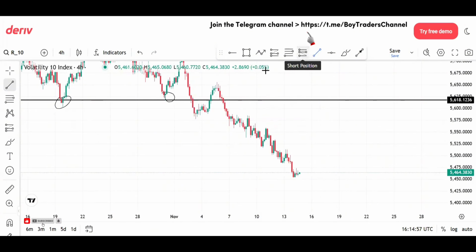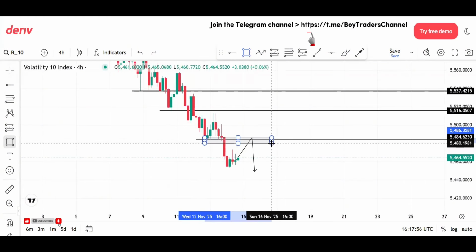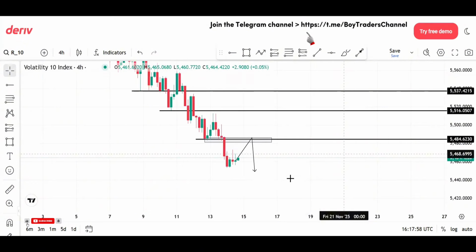So the thing right now is we still have to proceed to the 1-hour time frame and other time frames to see if there is an entry formation on this expected sell zone, because that's where I expect price to retrace to before the continuation based on the past histories we've got on that level. The level of support that has been broken now turned resistance if price can give a retest of it.